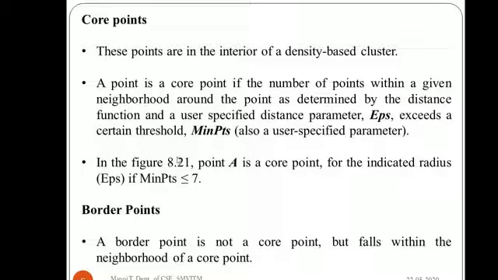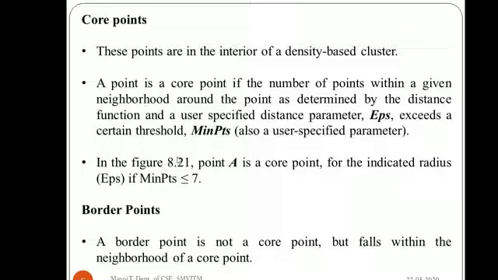Core points: these points are in the interior of a density based cluster. A point is a core point if the number of points within a given neighborhood around the point, as determined by the distance function and a user specified distance parameter EPS, exceeds a certain threshold, which is denoted by MinPts. In figure 8.21, point A is a core point.